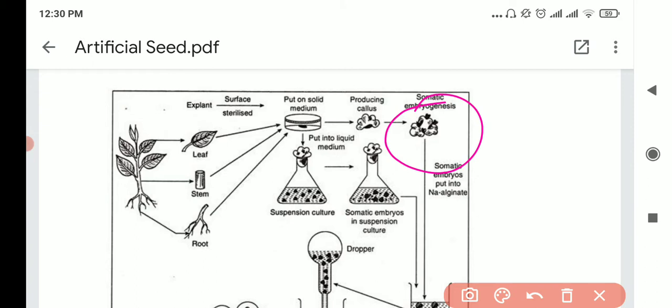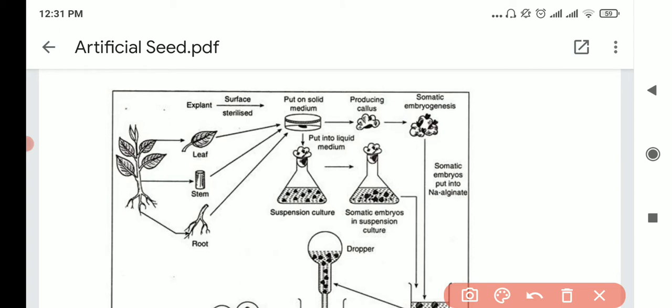It's just resting for some time, rechecking so that there is no problem. So this somatic embryo is just like your zygote embryo. It has all the necessary information, and all is correct. If there is some defect, it will automatically die off and keep only the good parts.